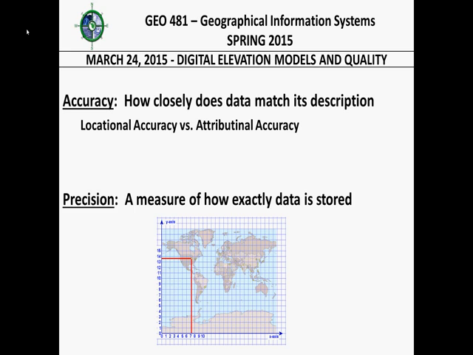I can say, well, if you try to place Buffalo on this map, your dot will be plus or minus 20 miles based on the scale of the source data. Versus if I go try to locate City Hall with a GPS device or a survey, if I use survey equipment and try to locate a specific feature in Buffalo, I might be down to a centimeter because of the source data. So you can use the source data to provide an estimated accuracy of your point, and we'll talk about that.